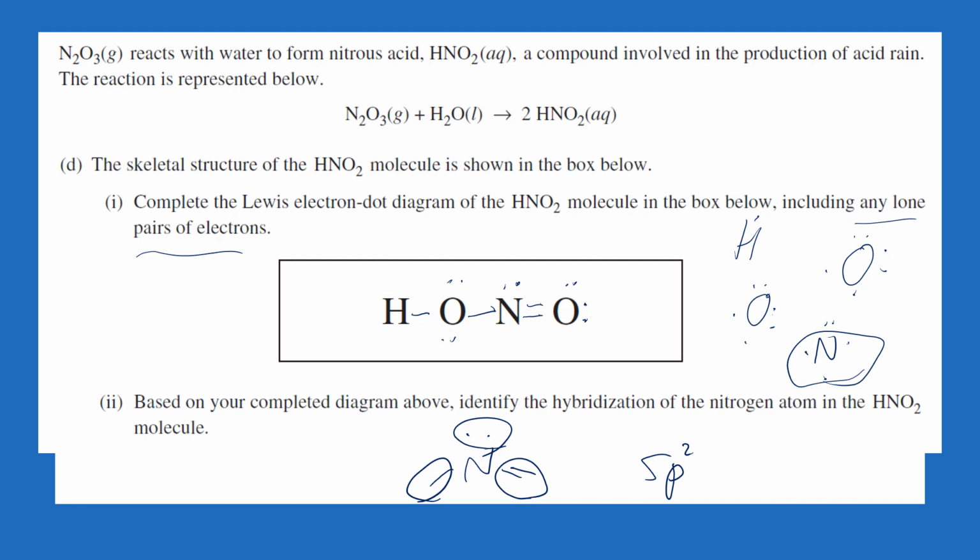So sp2 hybridized. You don't need to explain anything here, you just need to write out sp2 and you're done. Now if you drew it wrong in part I and your nitrogen was different, you could still earn the points for part II. You need to make sure that they do match though, especially because it says based on your completed diagram above. So be careful with that.